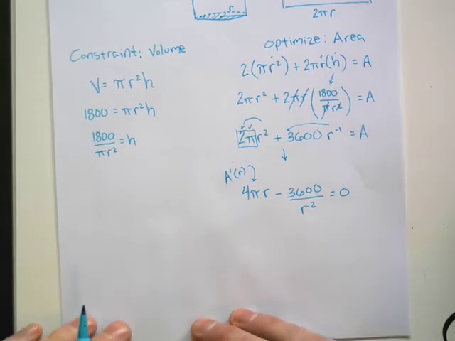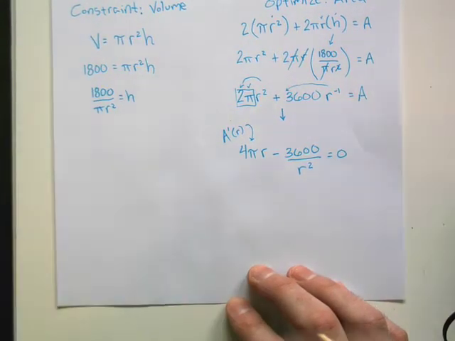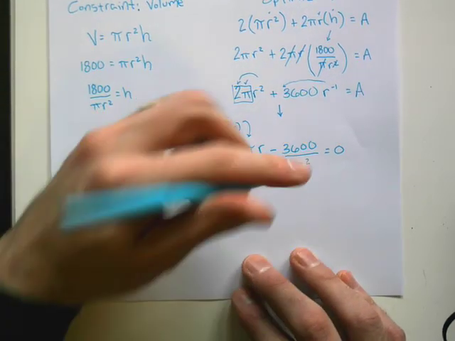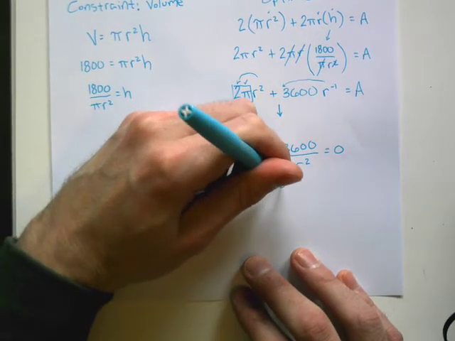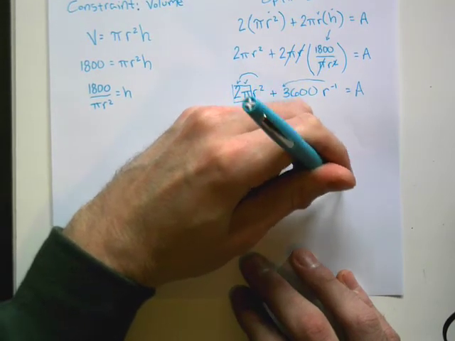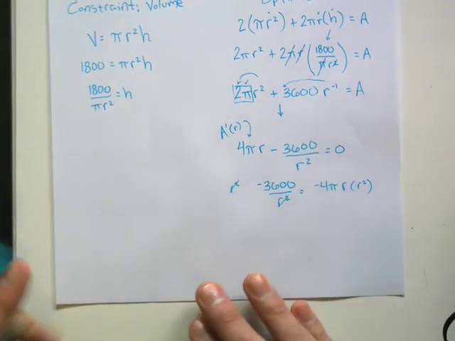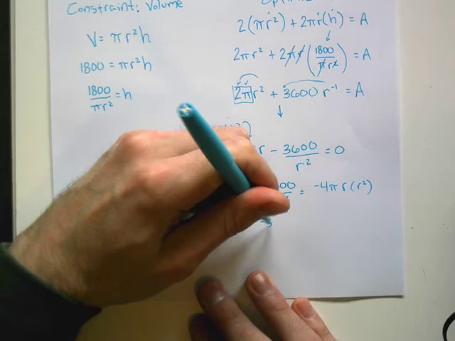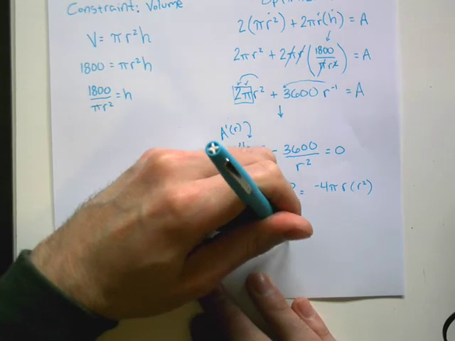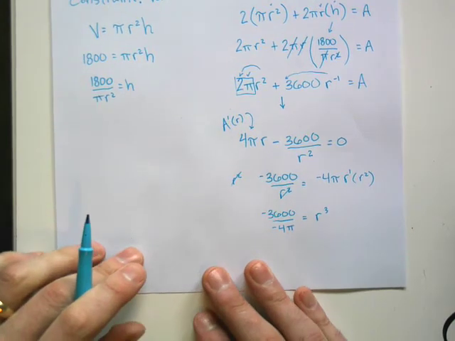All right, similar to what we did with volume the last couple days, we have to find what r is. So I'm going to say negative 3600 over r squared is equal to, when I bring this over, negative 4 pi r. I can multiply both sides by r squared. Then I have negative 3600 over negative 4 pi equals r to the third, because remember, we can add our exponents together.